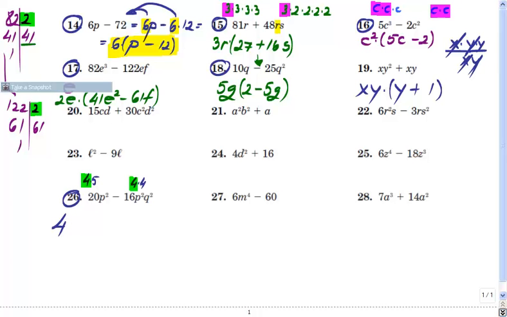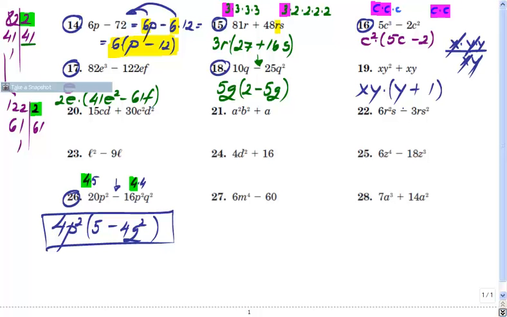So your common factor here will be 4p squared multiplied by what is left. 20p squared divided by 4p squared: 20 divided by 4 is 5, p squared divided by p squared is 1. Next, what is the operation inside? Minus. 16 divided by 4 is going to be 4. P squared divided by p squared is going to be 1, and you have only q squared left in here. And that's the answer for this one.